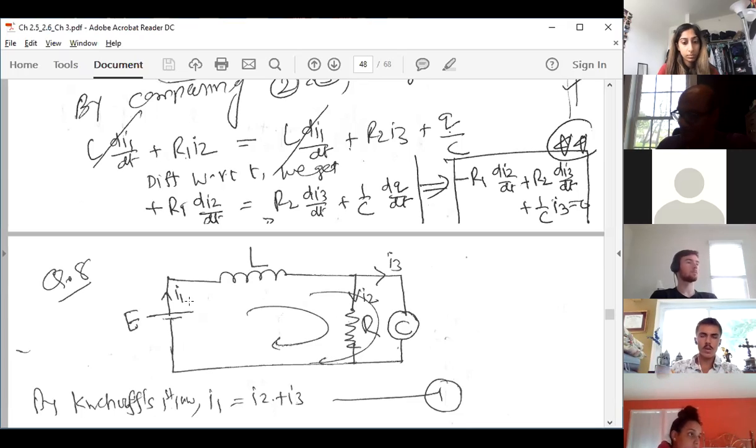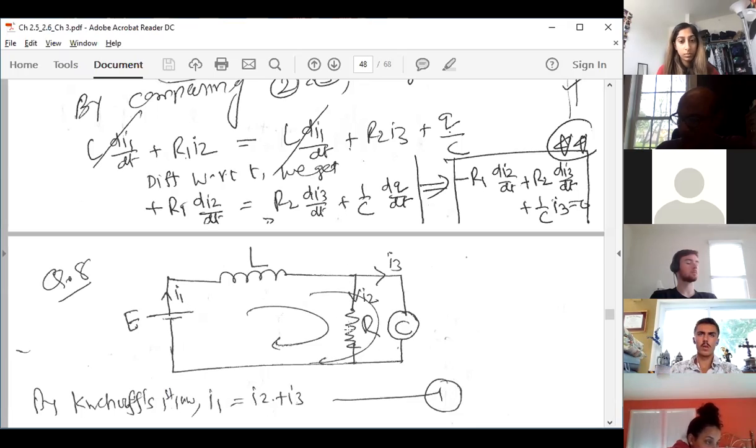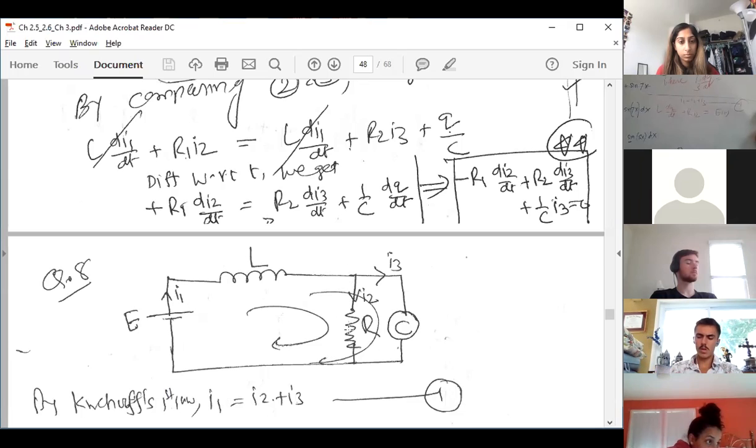Then it goes over here to the resistance, plus R I2 equal to E of t. So my first loop will give us this equation.